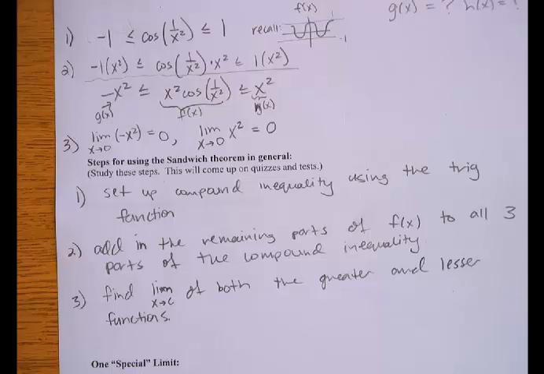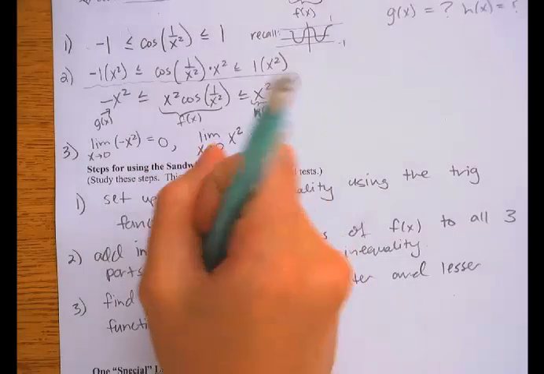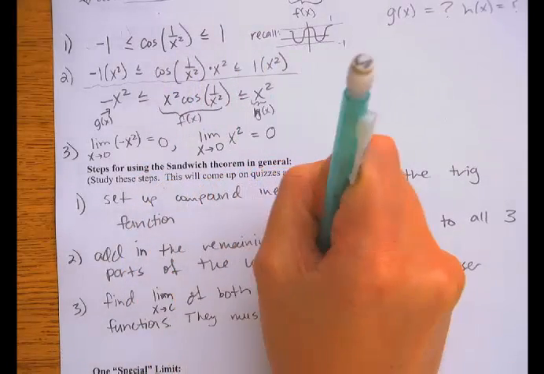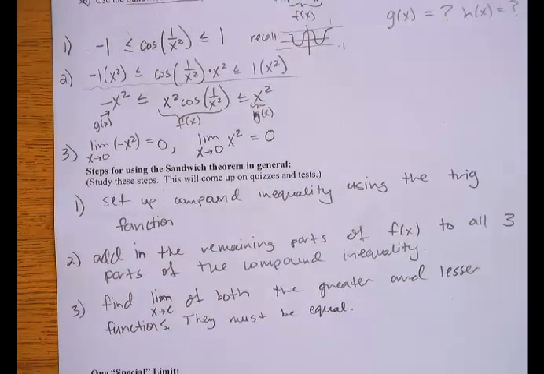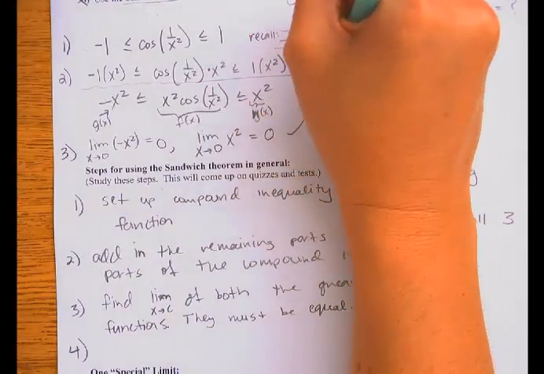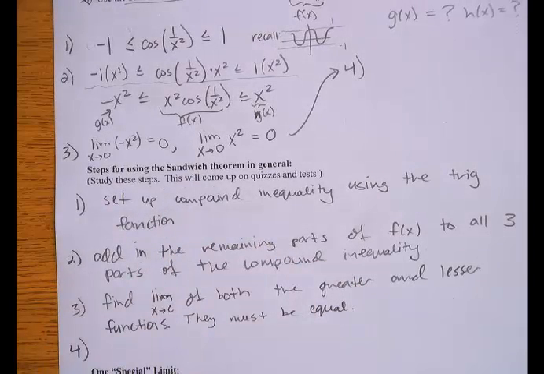That's the whole point of sandwich theorem, is those functions will be a lot simpler than the garbage in the middle. And in order for sandwich theorem to work, they have to be equal. If you come across a situation where they're not equal, then you're not going to be able to use sandwich theorem.